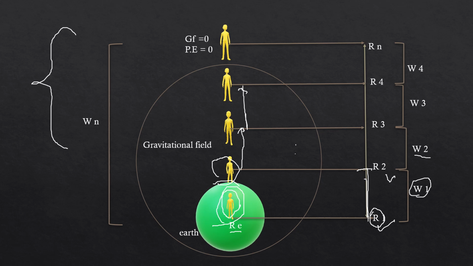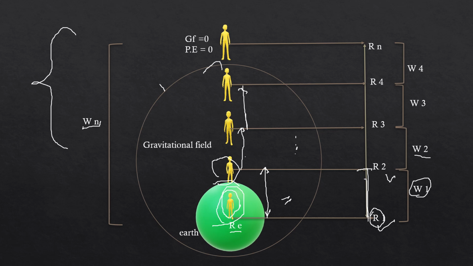I have just made 3 steps, but we need more steps to make the distance from R1 to R2 equal. If we get equal distance, equal radius, we can calculate a proper value of the gravitational potential energy. Now, work Wn is needed to take the body out of the gravitational field.